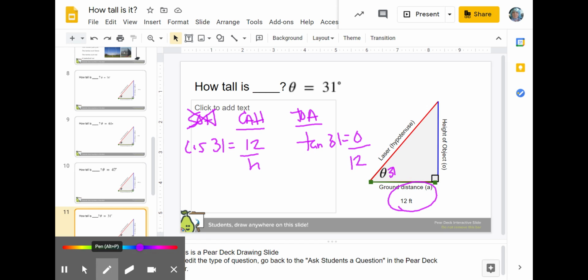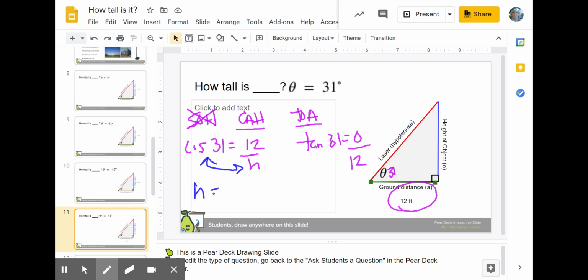The trick here is how to put it in the calculator. So we've been practicing the hard way. If the variable's in the bottom, we've got to flip it around. So h equals 12 divided by cosine of 31. But if I have a number in the denominator, we can just multiply.